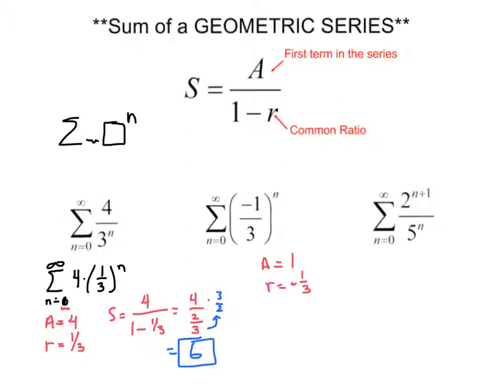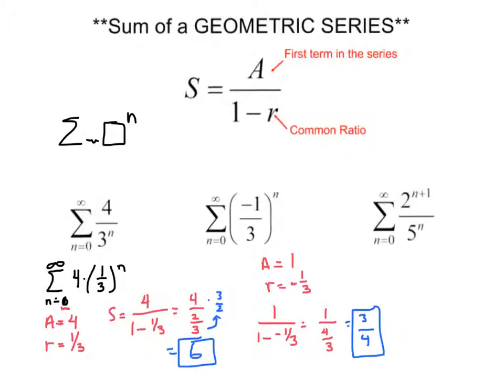It's going to go positive term, negative term, positive term, negative term. So I have 1 over 1 minus negative 1/3, which is 1 over 4/3, which is 3/4. And that's the sum of that series.